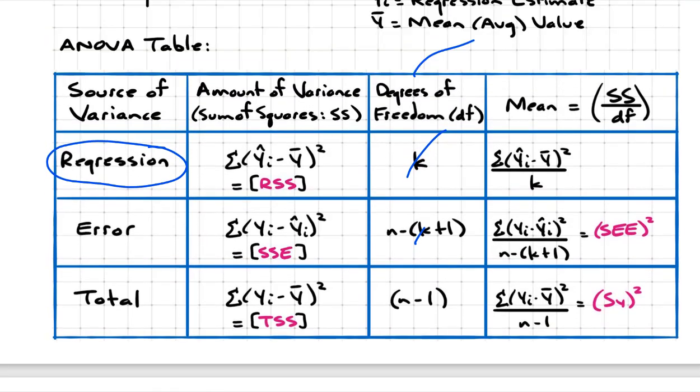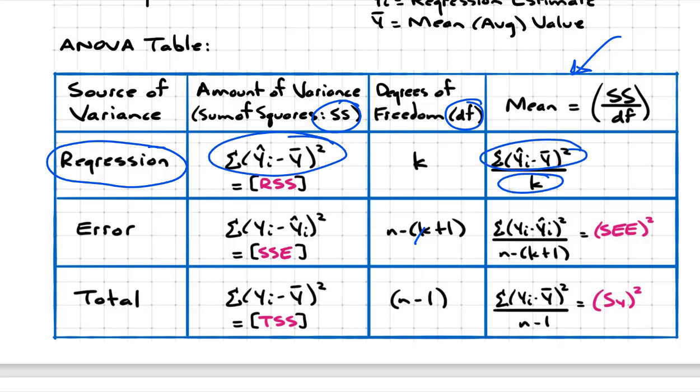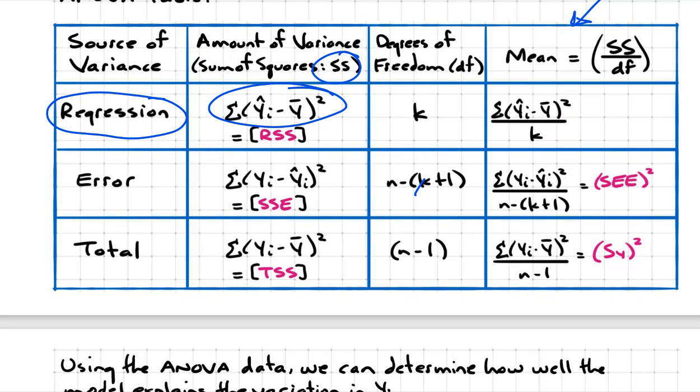And then the last column, we take the mean of each of these categories. And the mean is simply the sum of squares divided by degrees of freedom. So there's nothing new in this last column. We just take the sum of squares divided by degrees of freedom. So that's the mean for the regression. And the mean for the errors, same thing.